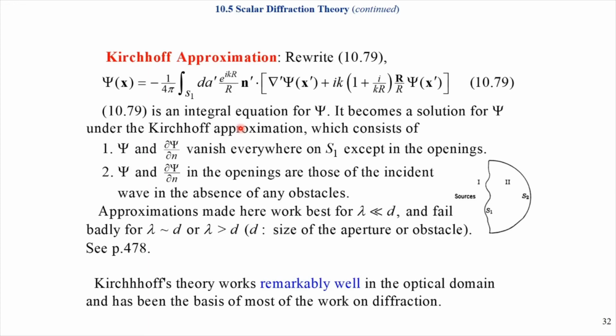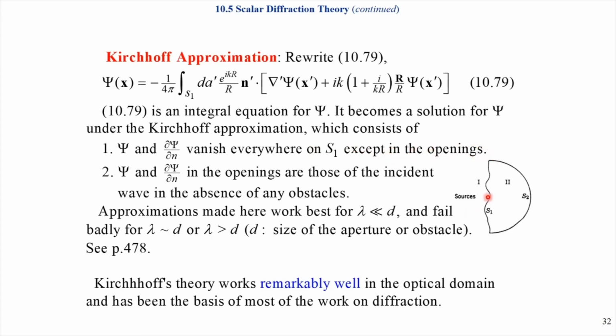Kirchhoff makes two approximations. First, phi and partial n vanish everywhere on S1 except in the openings.